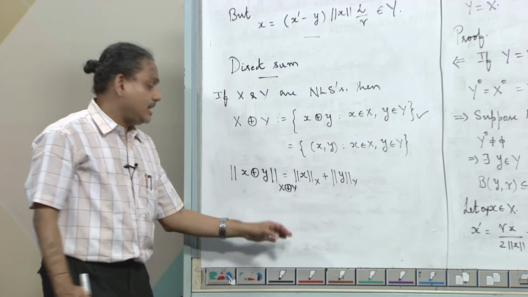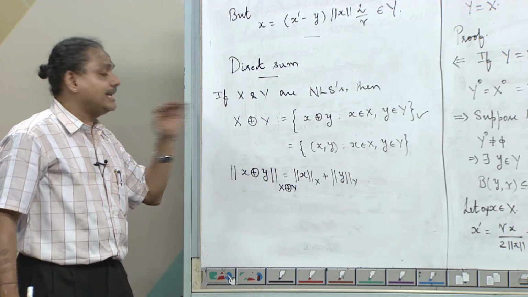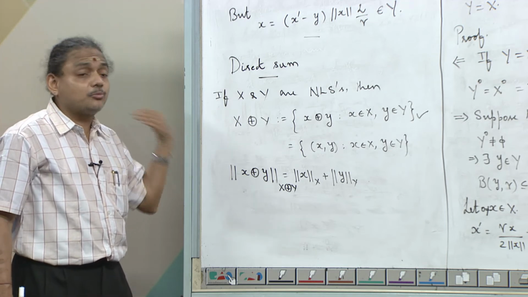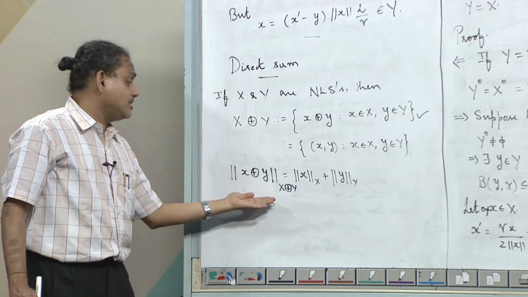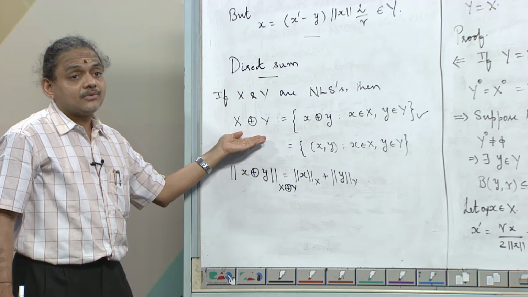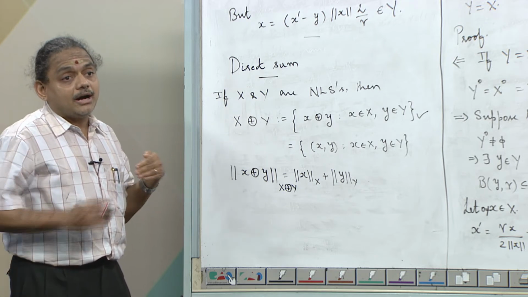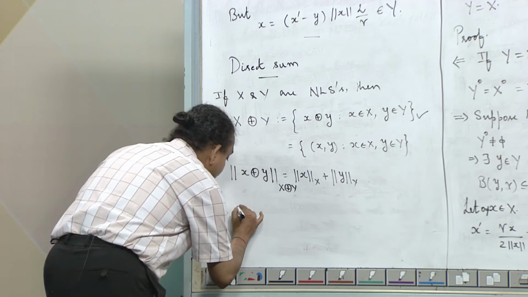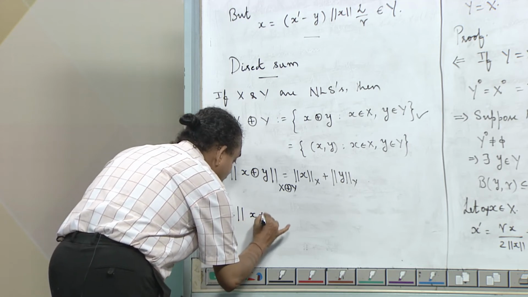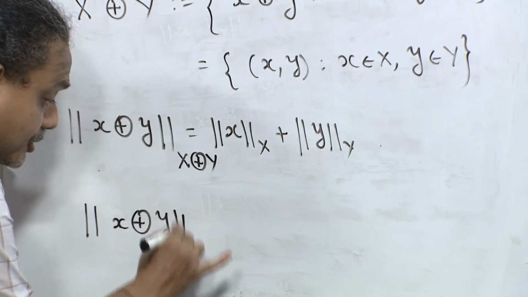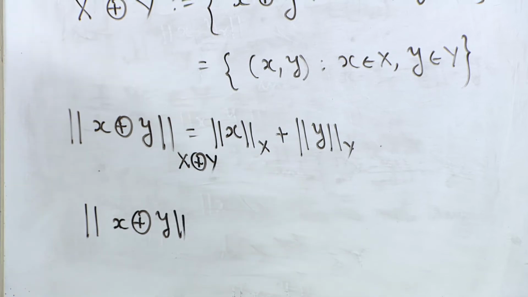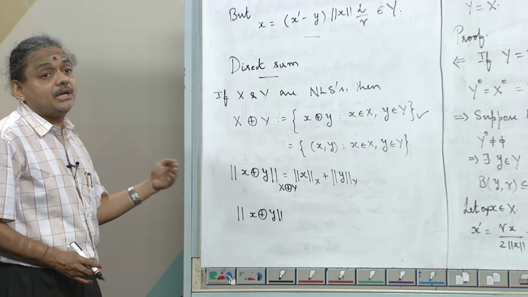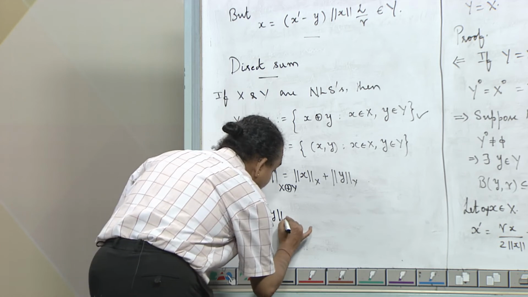Some people even call this the one norm on the direct sum, just like how you have the one norm, p norm and sup norm. You can also do all these things even in the context of direct sums. You will have a large class of norms on the direct sum. I will not go into the details and I will not go into the proofs, because the same proof whatever we did in the last one works and you should be able to work out the details.